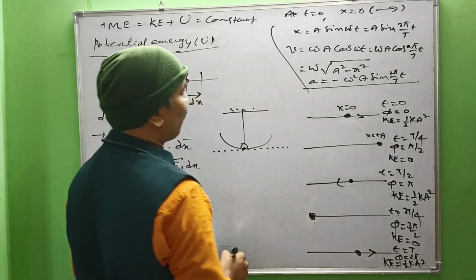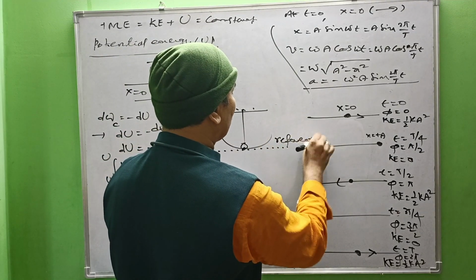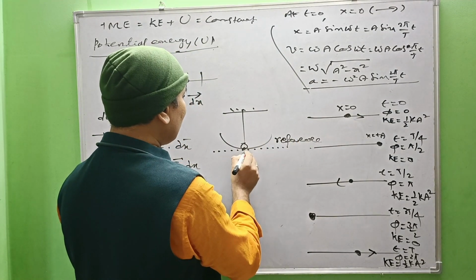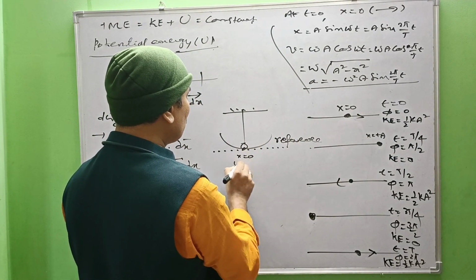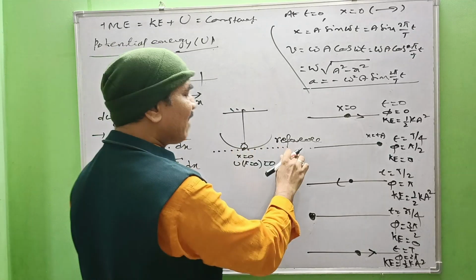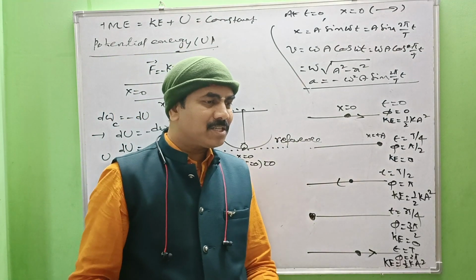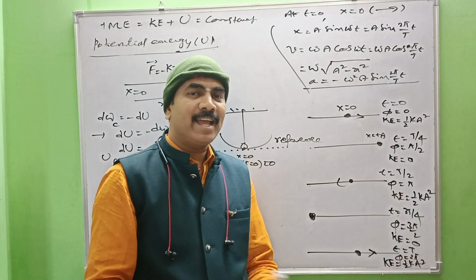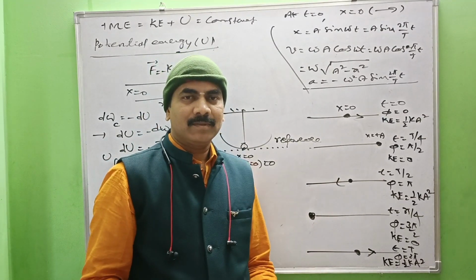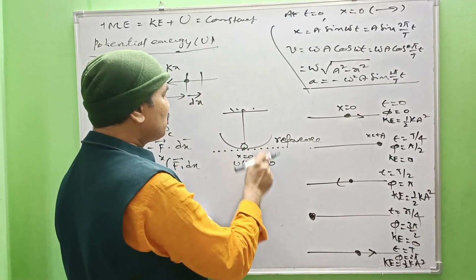This is the reference level, the ground, for example. At this position x equal to 0, U at x equal to 0 equals 0. Why? Because this is the reference level, the level at which potential energy is taken as 0. It's fully our choice. So at this position the potential energy is minimum, that is 0.